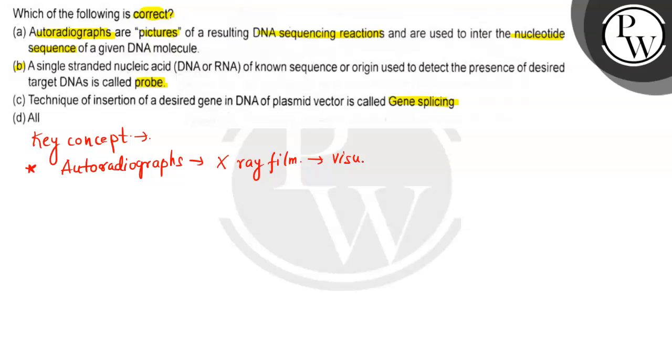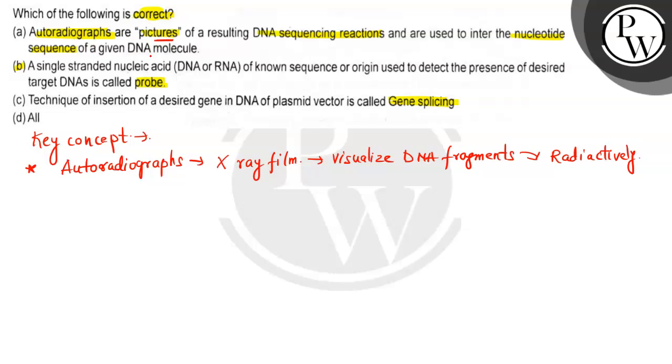We are using it to visualize the DNA fragments, and we are labeling these DNA fragments with the help of a radioactive substance, so that it could be seen easily. So in simple terms, in case of autoradiographs we are using the X-ray film to visualize the DNA fragments, and it is giving us the pictures on the X-ray film. It is also used to enter the nucleotide sequence of a given DNA molecule.